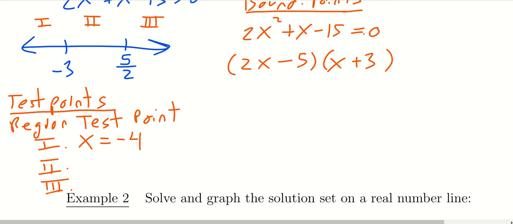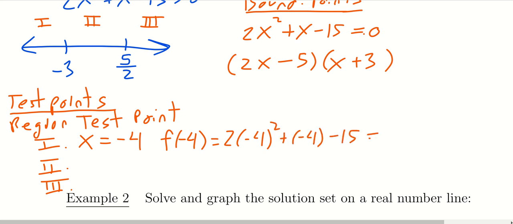So f of negative 4 is 2 times negative 4 squared plus negative 4 minus 15. Negative 4 squared is positive 16, times 2 is 32, minus 4 minus 15. 32 minus 4 is 28, and 28 minus 15 is 13.